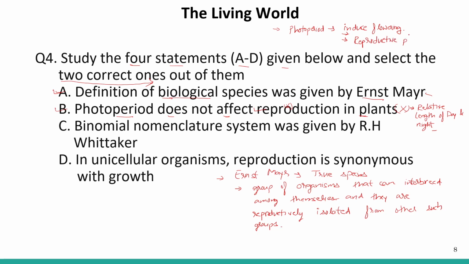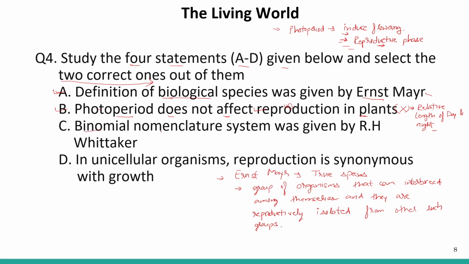So photoperiod affects reproduction. Alright, so this was about plants. In animals also, photoperiod affects them by the release of hormones which are involved in reproduction. Okay, so this point is clear.